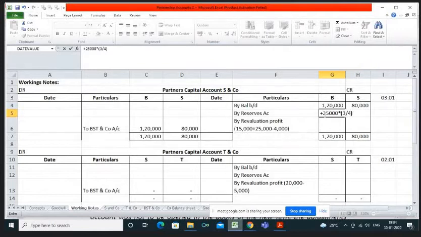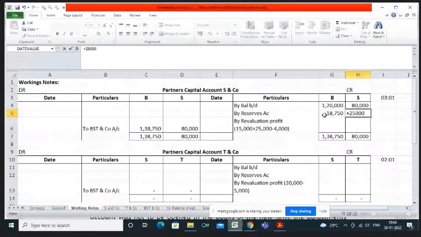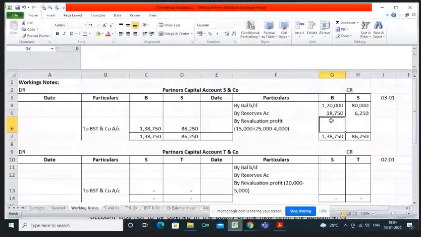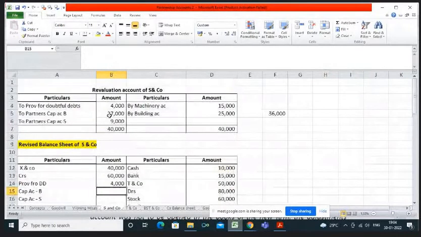I'm preparing partners capital account as part of my working notes. So from here I start the original of S and Co. As per the question given, B has a capital of 1,20,000 and S has a capital of 80,000.